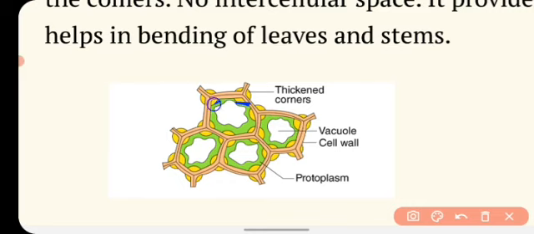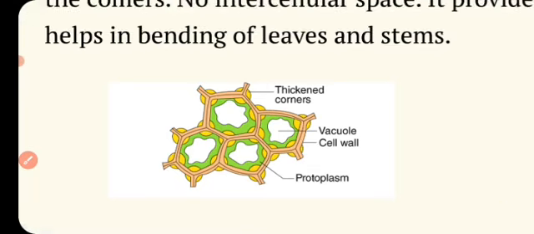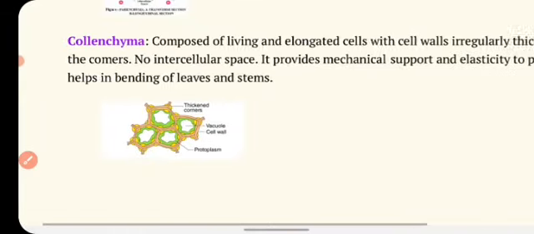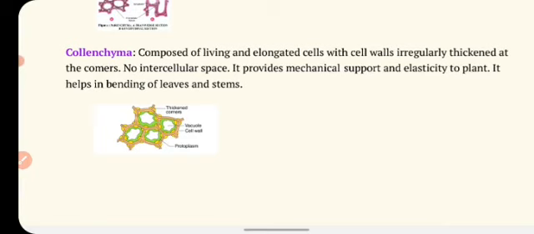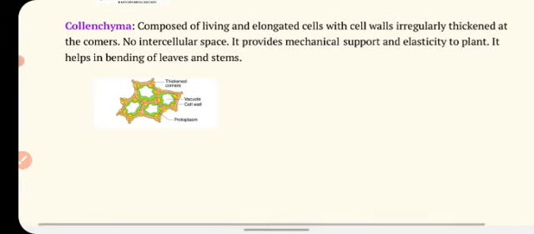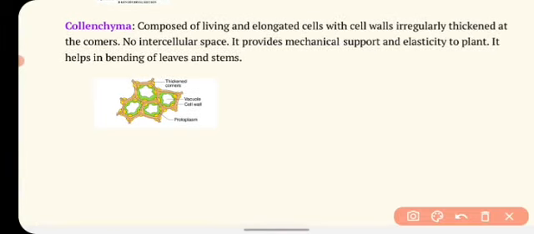Their corners are thickened due to cellulose deposition, they have a vacuole, and they are living cells. Their function is to provide mechanical support and elasticity to the plants, and because of this tissue, the stem and leaves can bend.